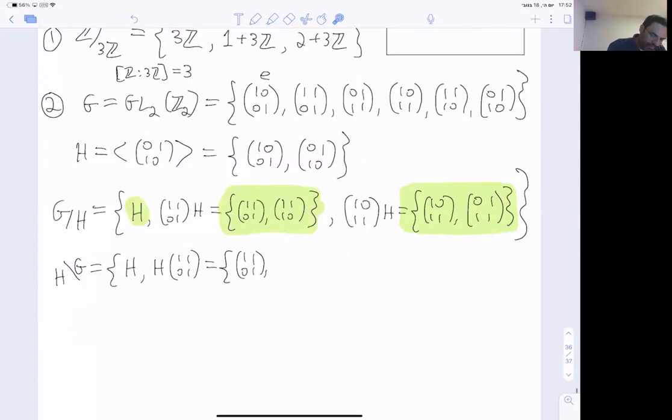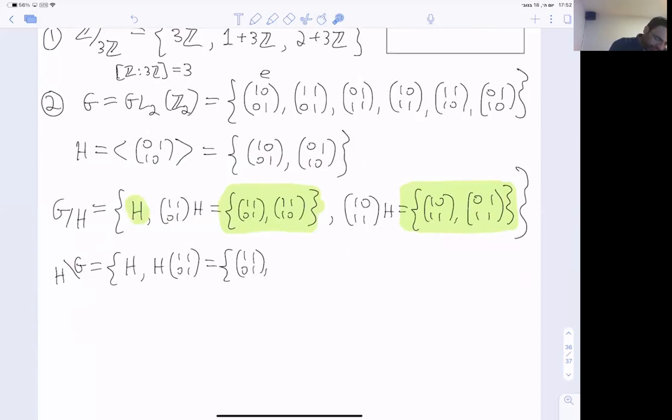But now, if I multiply this with our generator, I get 0, 0, 0, 1, 1, 0, 1.